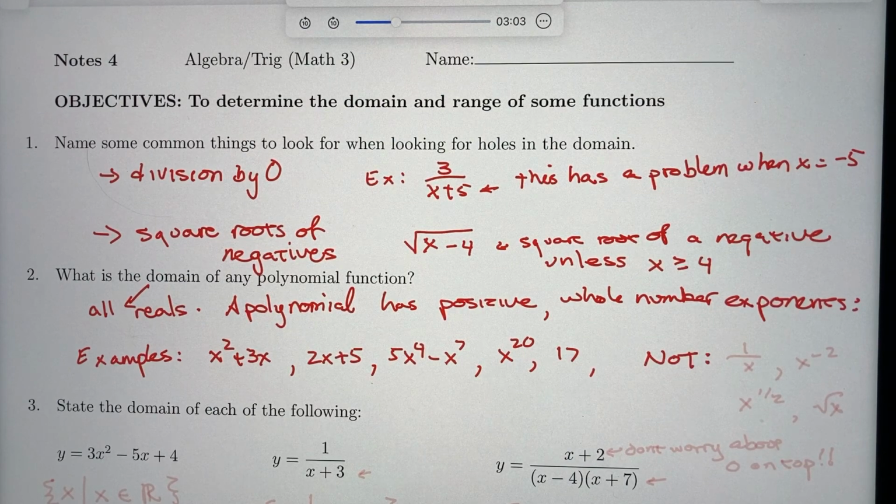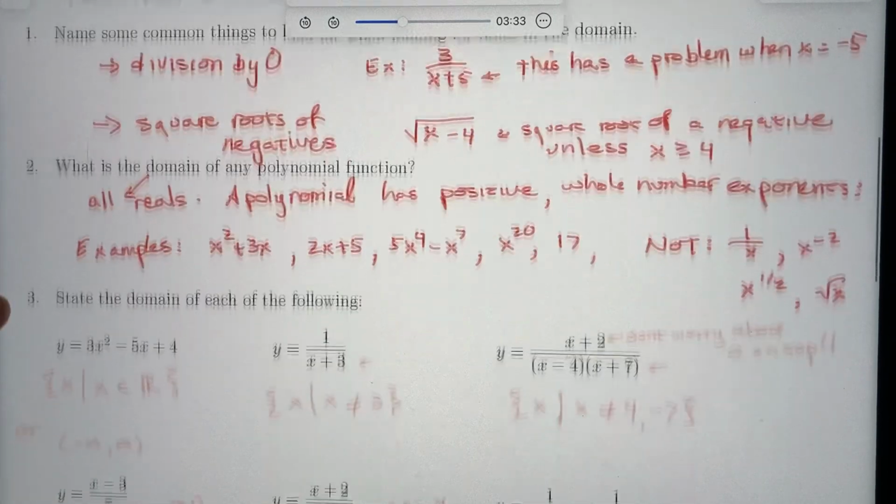Not examples are things like 1 over x and x to the minus 1 or negative 2 or whatever, negative exponents, and fractional exponents, for instance, which we'll get to eventually. But yeah, negative and fraction exponents, things like that, no. Square roots, no.